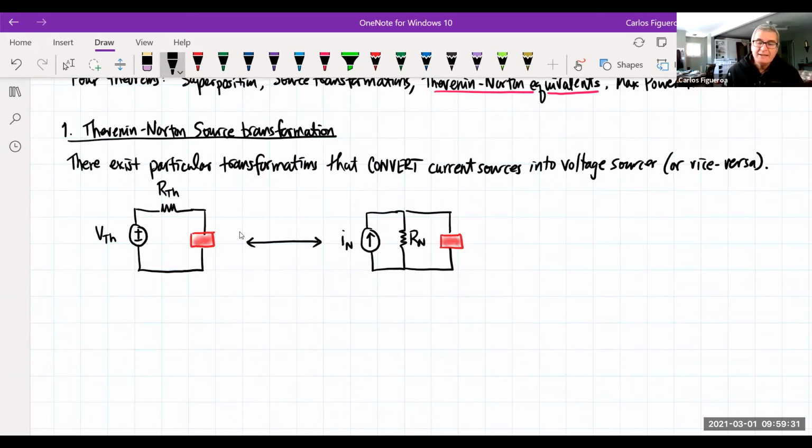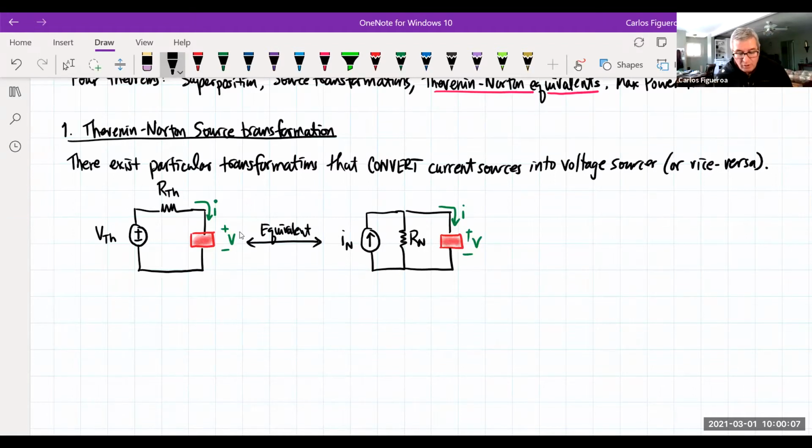There's a way to make these equivalent. How do I do that? Well, if they're equivalent, then the current flowing into that load must be exactly the same. And if they're truly the same, then the voltage across this load in each case must be exactly the same.